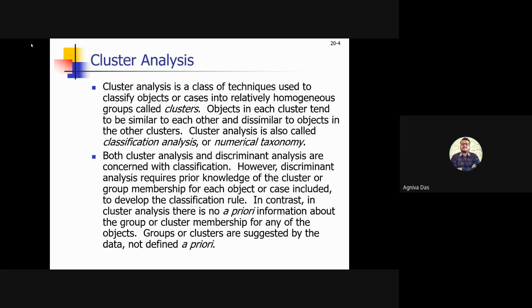Here we just have an organic procedure that keeps labeling on its own. Because in cluster analysis there is no a priori information, it is also known as an unsupervised classification procedure, and groups or clusters are suggested by the data itself, not defined a priori. A priori means from before.